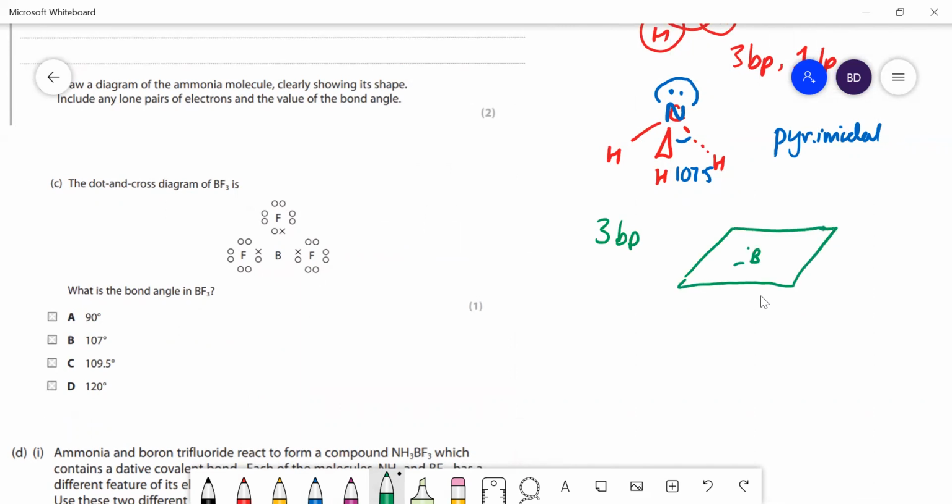With boron, we've got 3 fluorines, and the way they can get as far away from each other as possible is by having a 120 bond angle. It's trigonal planar, so the answer there is 120. There's no lone pairs on the boron, unlike the nitrogen, to cause the distortion there.